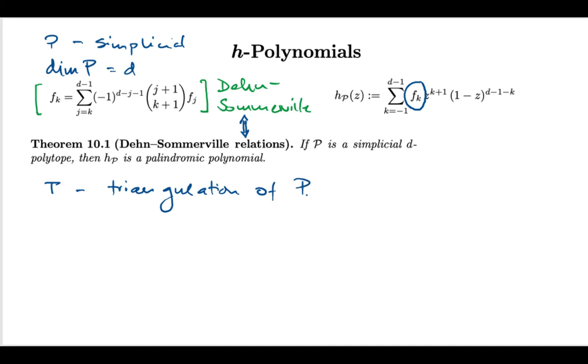Just to remind you, a triangulation is a collection of simplices that intersect nicely and whose union is all of P. But what I'm really interested in for now are boundary triangulations.